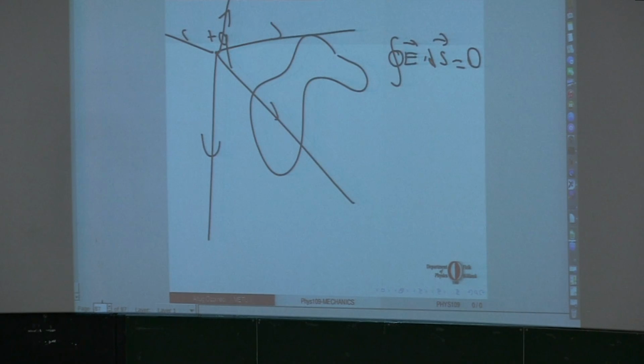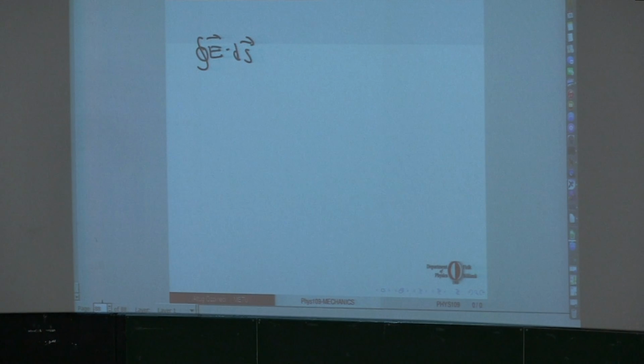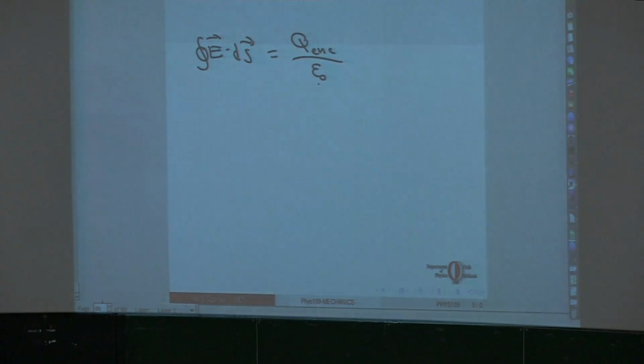So this is basically our result after all these discussions. We have E dot ds. If you take any closed surface and calculate the electric flux that goes through that surface, the total flux is equal to the total charge inside that surface divided by ε0. This is always true for any surface that you can imagine, of course, restricted to electrostatics.